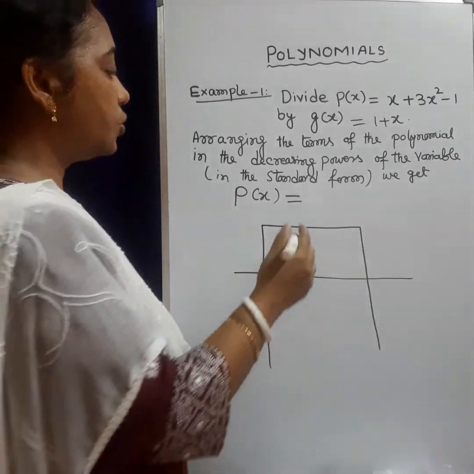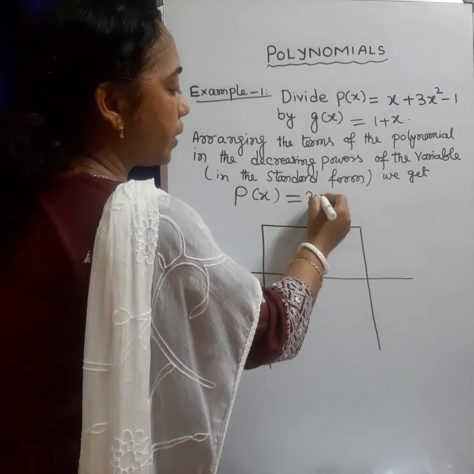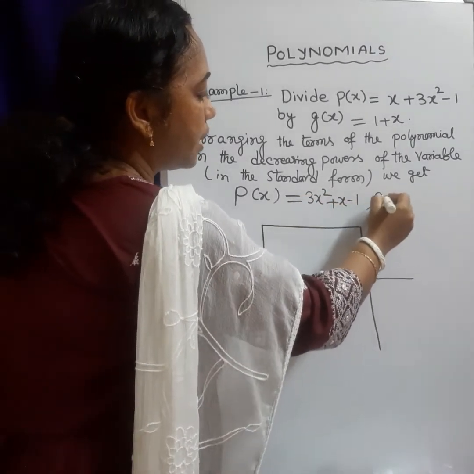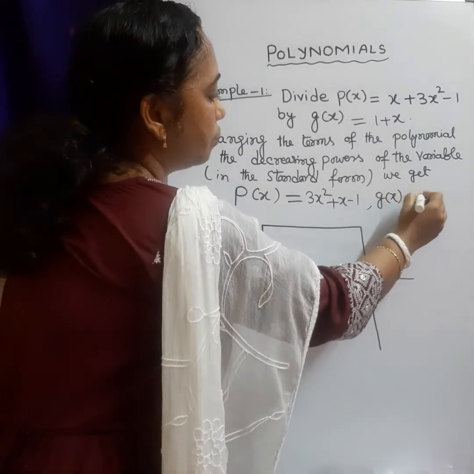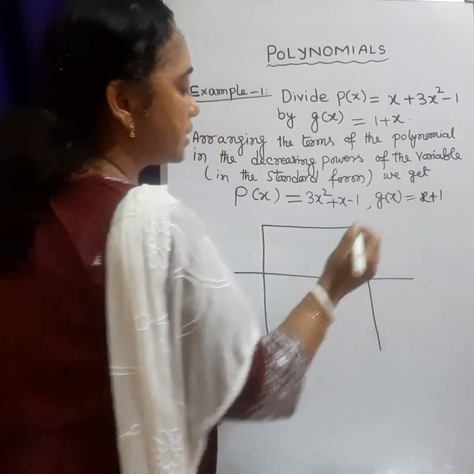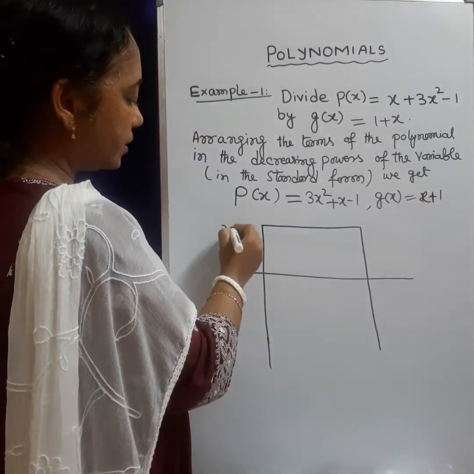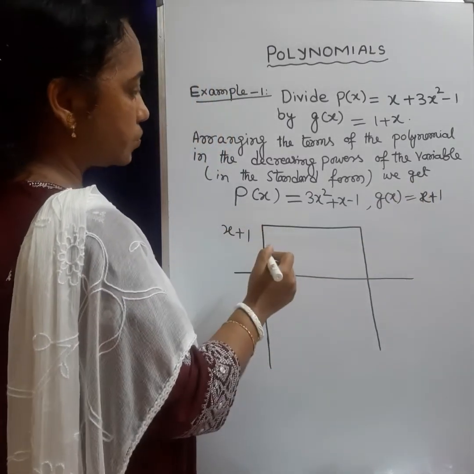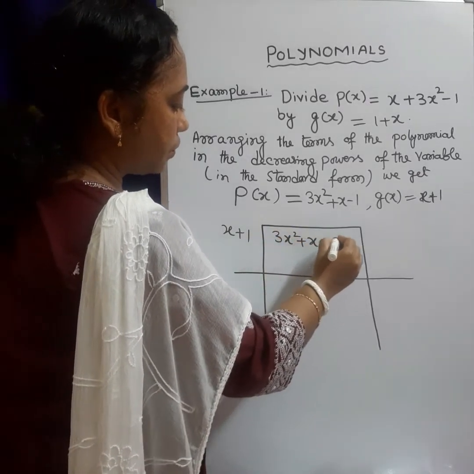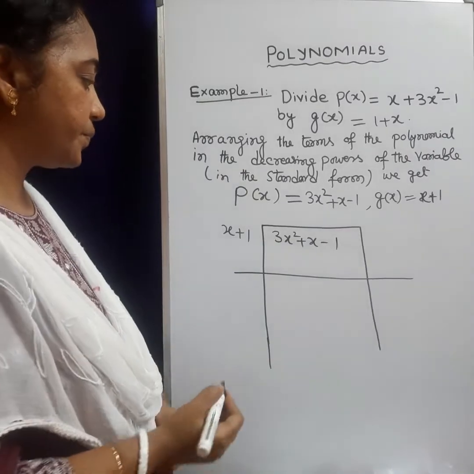So the first polynomial becomes 3x² + x − 1, and the second becomes g(x) = x + 1, which is the divisor here. So we write the divisor here, x + 1, and 3x² + x − 1 as the dividend.